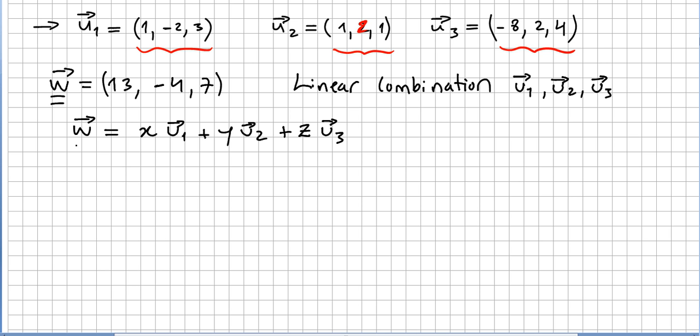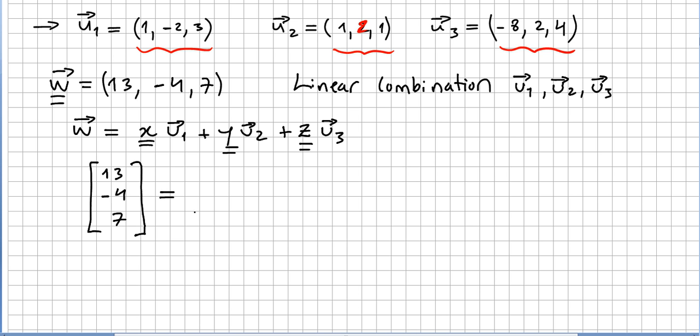So we have to find scalars x, y, and z so that we get vector w.